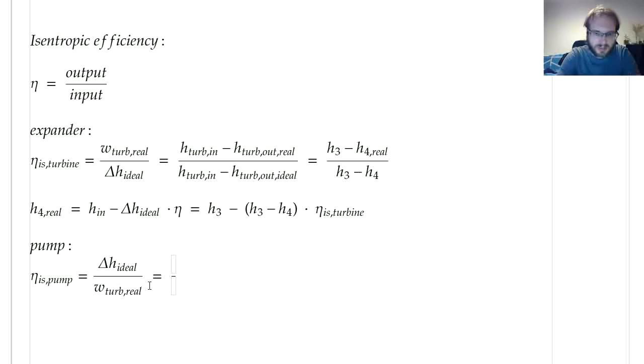So it will be the enthalpy of the pump outlet, maybe we can also put here the ideal, minus enthalpy at the pump inlet, where the inlet again stays the same.